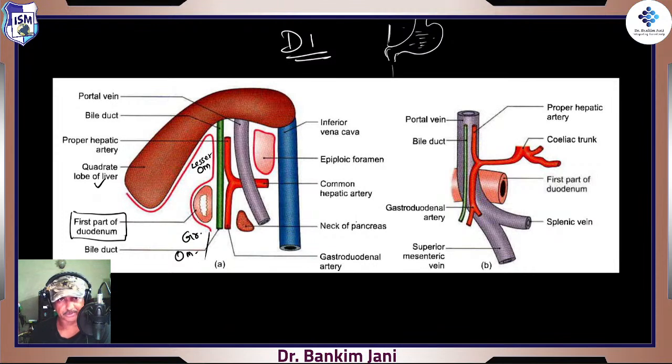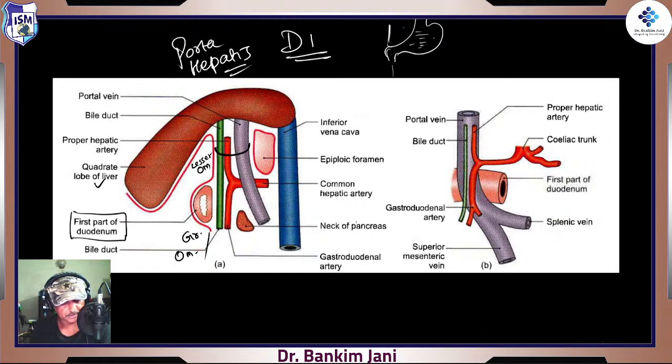We see three structures over here. These are the structures which we collectively call the porta hepatis. If we just remember porta hepatis, that would be more than enough to explain the relation. Hepatic artery, portal vein, and the bile duct, right?